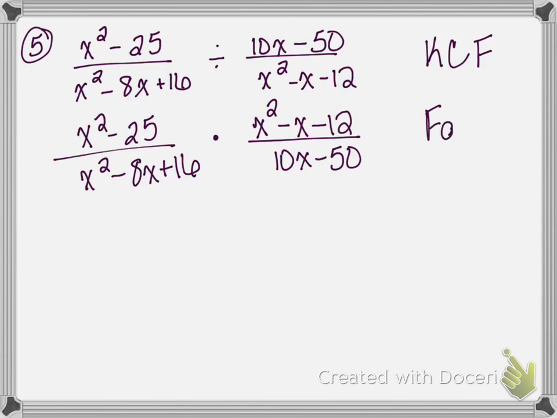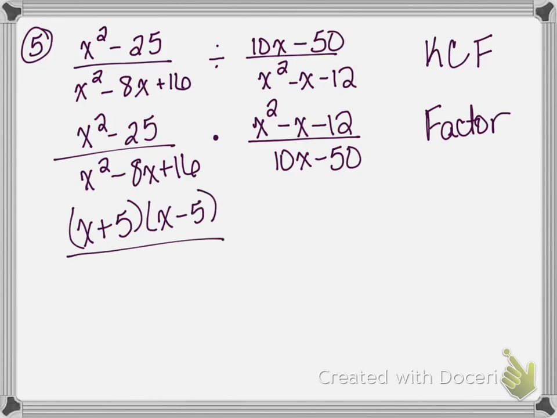And now I'm going to factor. Okay, x squared minus 25, that is a difference of perfect squares. So I have x plus 5, x minus 5. My denominator, x squared minus 8x plus 16, is a perfect square trinomial, but that is not something that you have to have memorized.